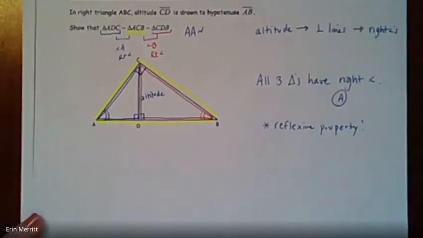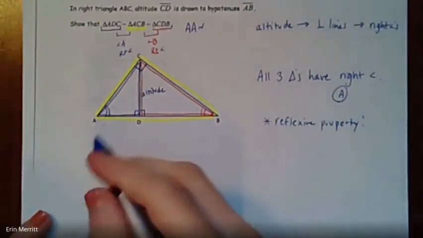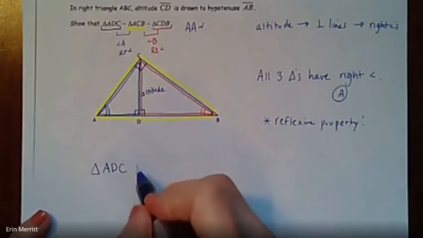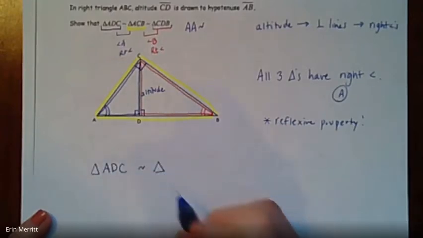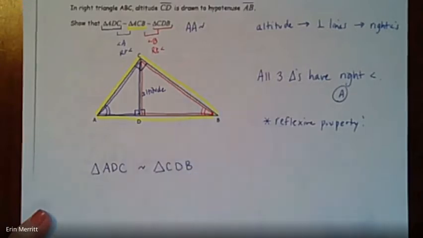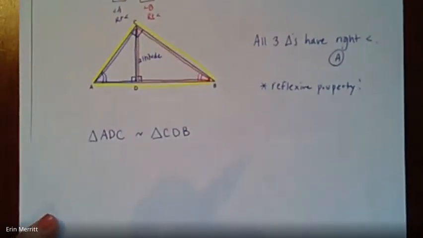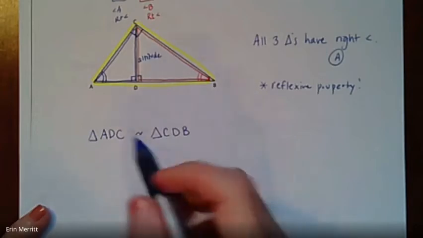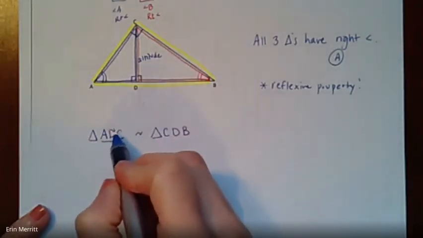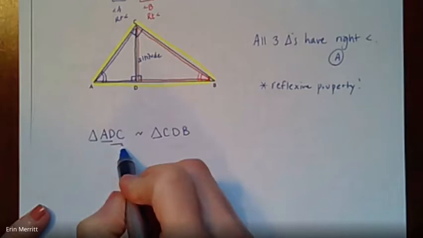But the big takeaway here is I want to focus on the first triangle. So write this down with me. ADC being similar to the red triangle, the last one, CDB. Now think about the proofs that we did yesterday. We showed proportional parts, right? If those are similar triangles, then the parts that are proportional that I want to look at for today's lesson would be, I can say AD is to DC.